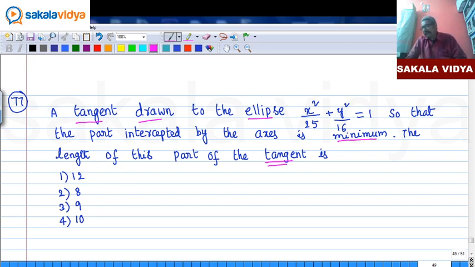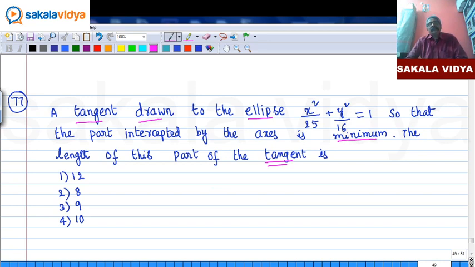First, the equation of the tangent to the ellipse at any point; better to take the parametric form, x by a cos theta plus y by b sin theta equals 1. Understood now?